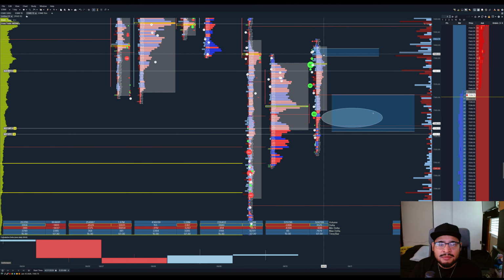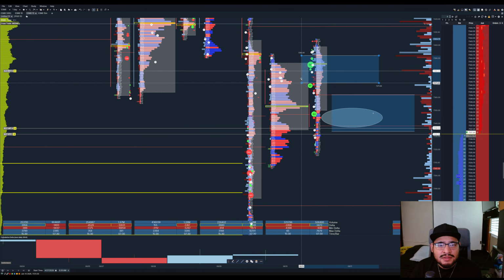We started seeing price go below weekly VWAP at 73.95. I think around there is where I entered short, targeting this node here, entering around like 95 or so.